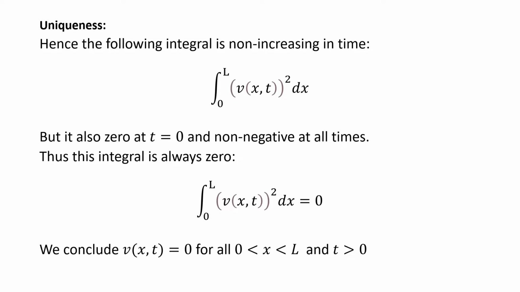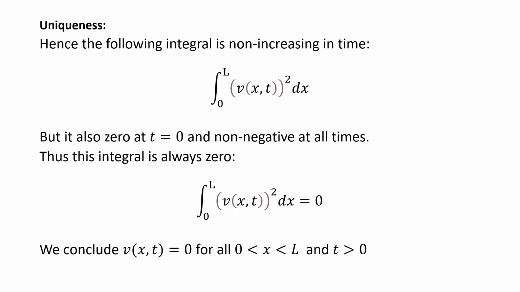We see that at all times t, the integral from 0 to L of the square of v(x,t) must be 0, but that can only be true if at all times the function v itself is 0 for all x between 0 and L and for all times t.